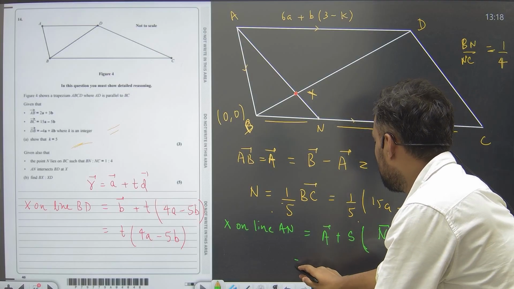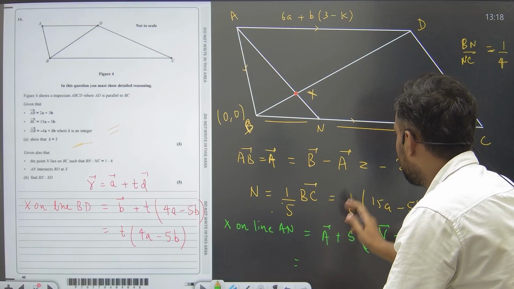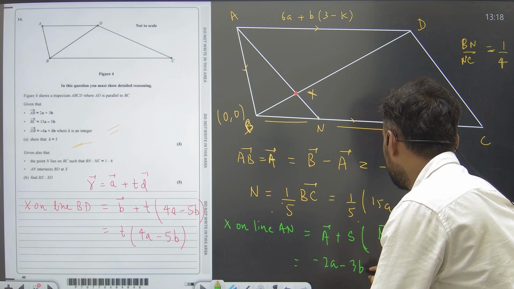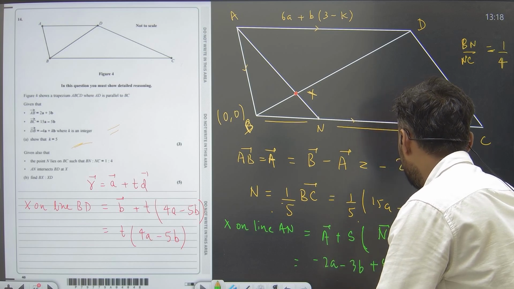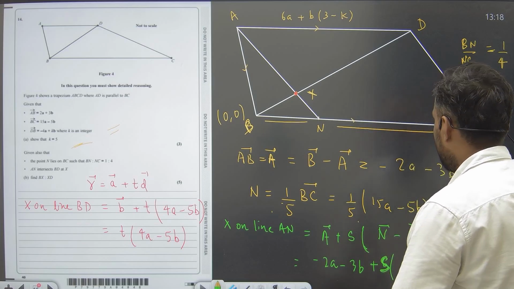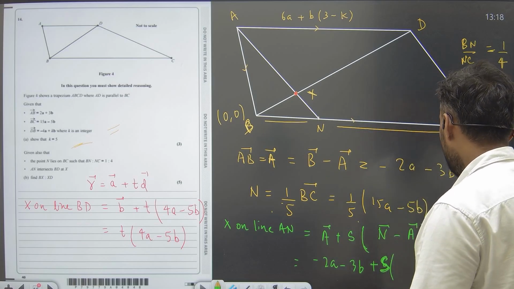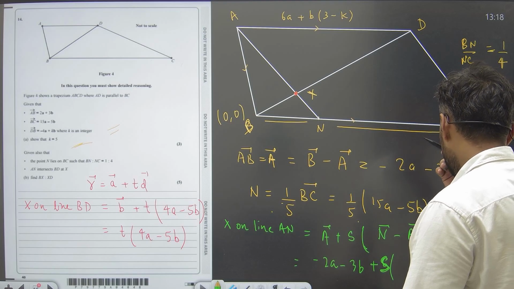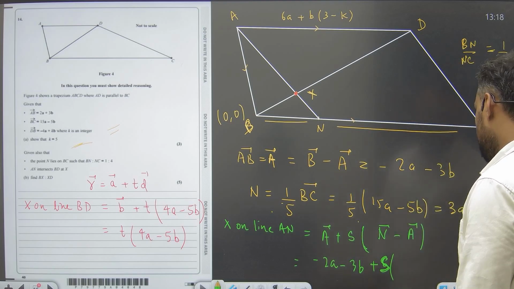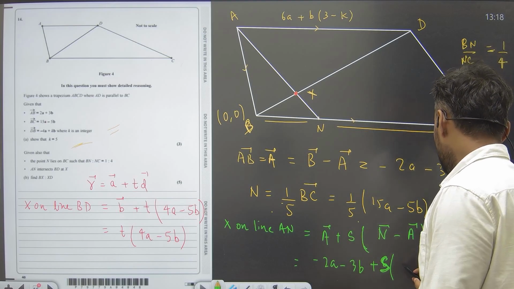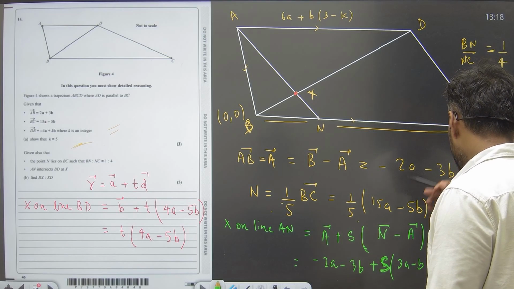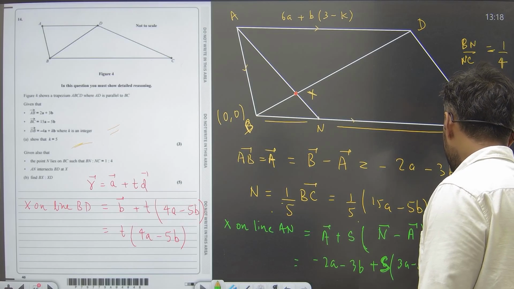From here what we will get: the a vector we have already calculated, minus 2a minus 3b, plus s times, s is not a vector, s is any constant term, n minus a, which is 3a minus b plus 2a plus 3b.